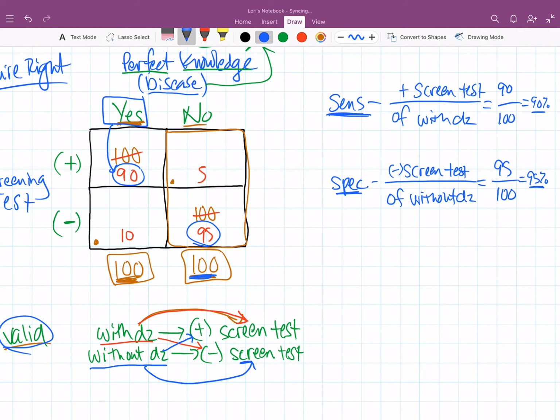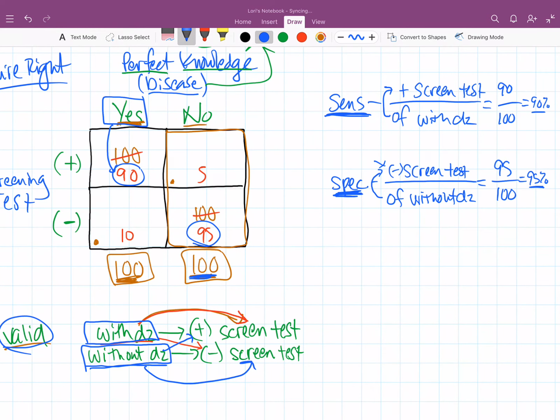In other words, if you don't have the disease, how specific is the test to make sure that you had a negative screening test? And so what we're saying is that if we call these two things over here, the without disease and the with disease, denominators, how good is the test at being sensitive to pick up the ones that do have disease correctly, and how specific is it to not pick up those as positives who do not have the disease.